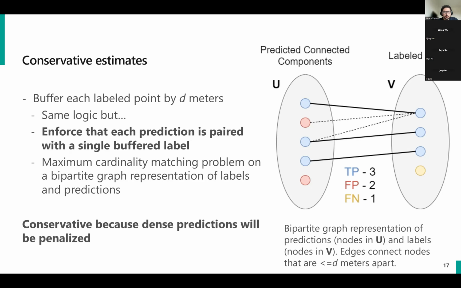Here in the conservative case, we say that's not fine, and we must choose one of the predicted objects that we're going to count actually as a true positive. I'm not going to go into more details, but you can interpret this problem as a maximum cardinality matching problem with one set of nodes representing labels, the other set representing predictions.